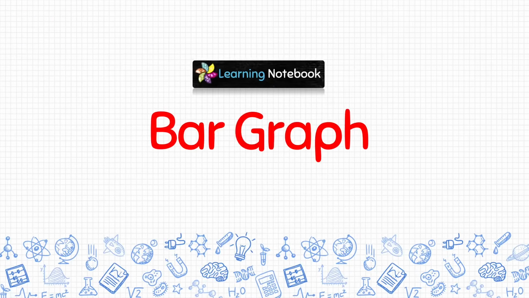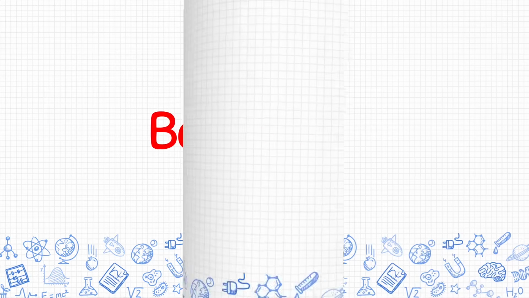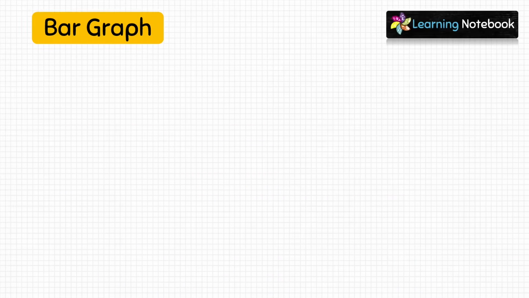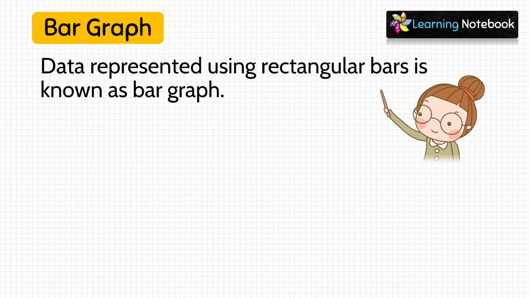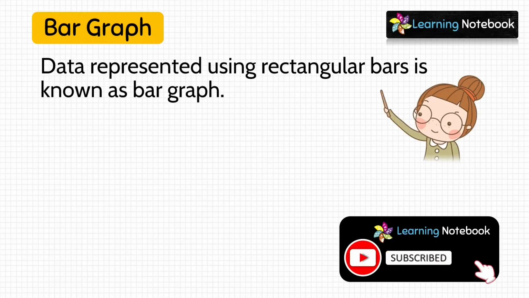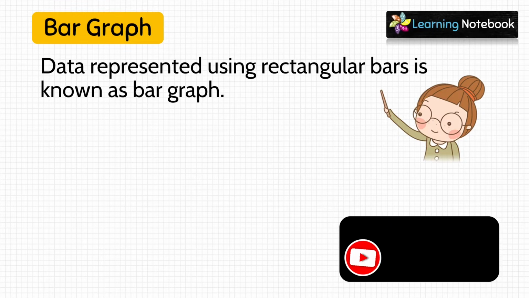So let's move to our next topic, which is bar graph. So we will learn representation of data using bar graph first. Data represented using rectangular bars is known as bar graph. Let's see an example.